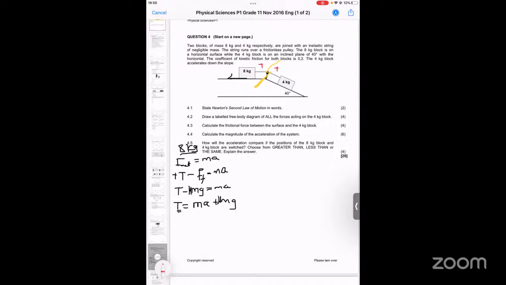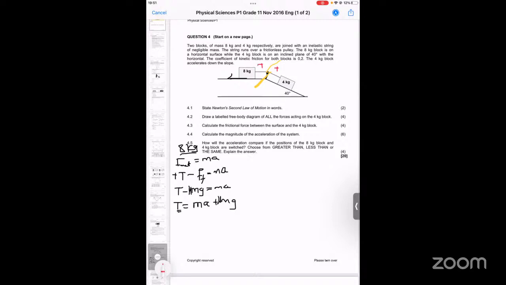The reason is that even when they accelerate, they move at the same pace. It doesn't mean the one with a smaller mass will be moving a bit faster than the other one. So the only difference is that the tensions act in opposite directions, but have the same value.